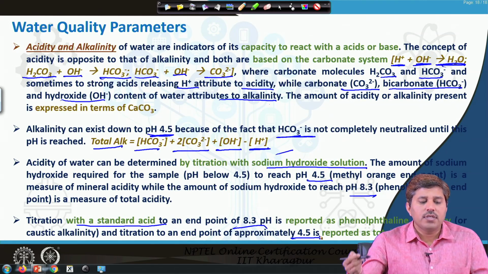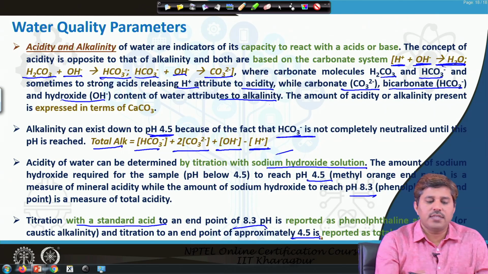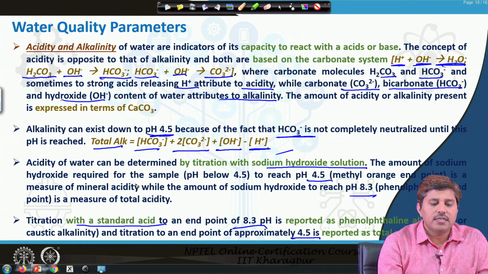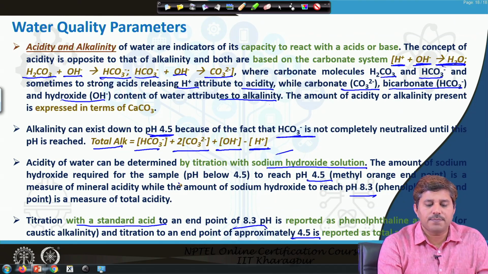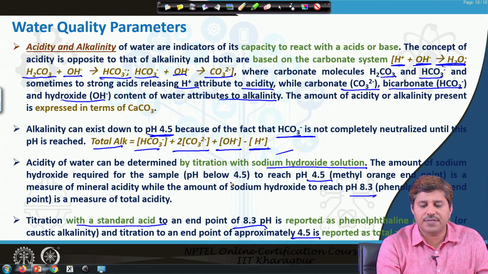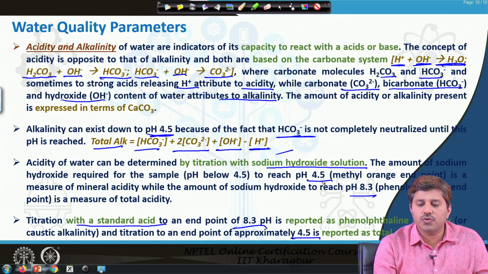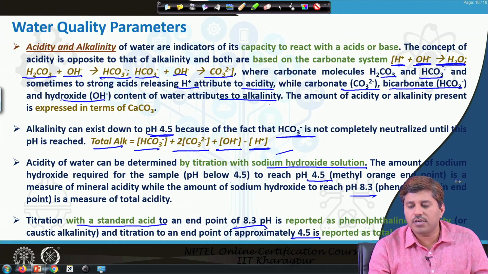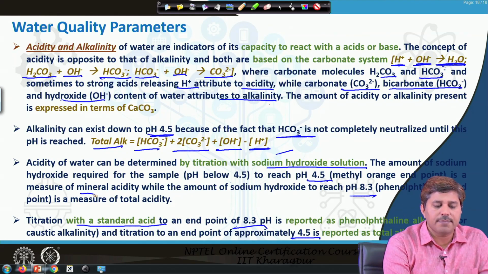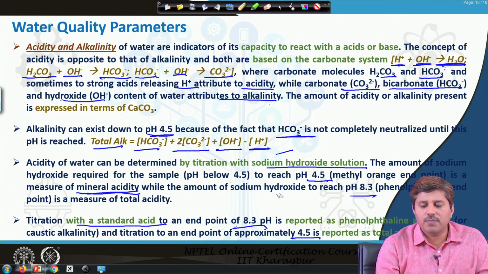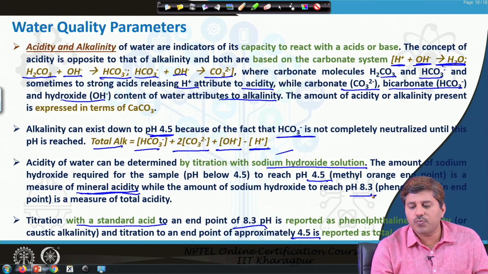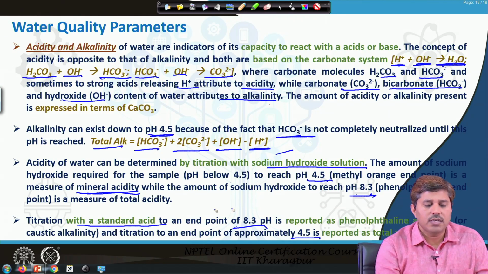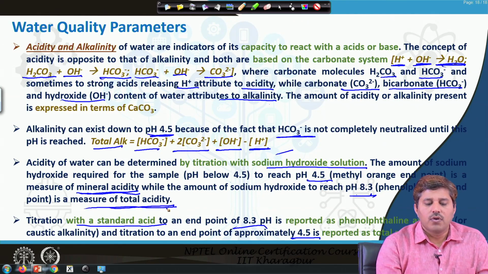So, the amount of base or sodium hydroxide required to neutralize the sample, if the sample pH is below 4.5, we titrate it to reach 4.5, which is basically the methyl orange end point. It is measured as the mineral acidity, while the amount of sodium hydroxide to reach pH 8.3 is known as the total acidity.